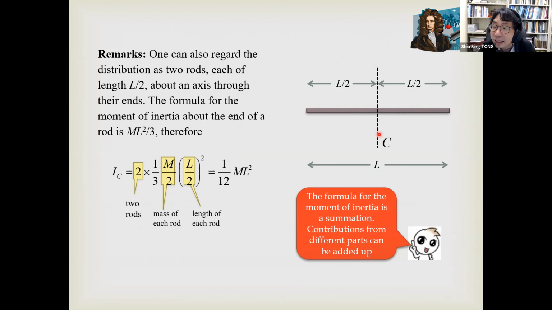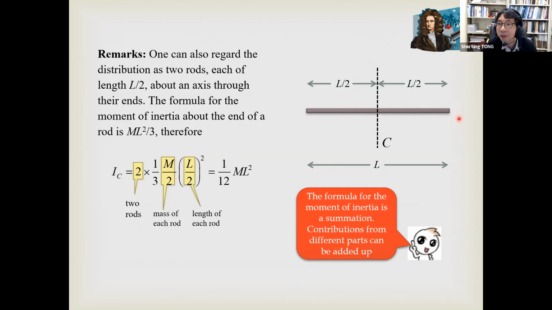Is that right? Now, so we proceed like this. We know that we have found before that the moment of inertia of a rod about one end is 1/3 of ml squared. So we apply that formula, 1/3 of ml squared. But we now apply it to the smaller rod, not the long rod, right? Because the center point here is the end of the smaller rod, right? So we can apply this formula.